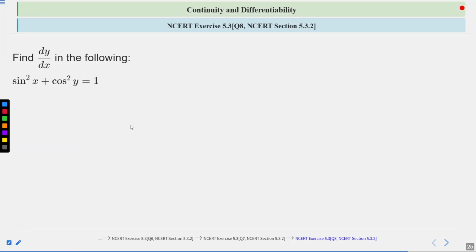Our next question is, we have to find dy by dx in the following expression. The expression is sin square x plus cos square y is equal to 1, right? We have to find dy by dx. Okay, you have 1 minute to solve or think about this question.